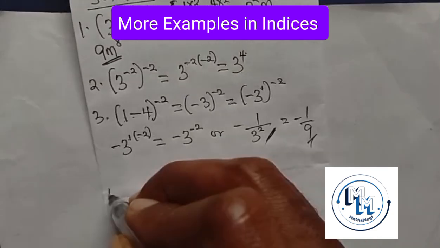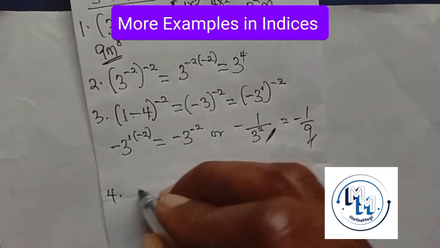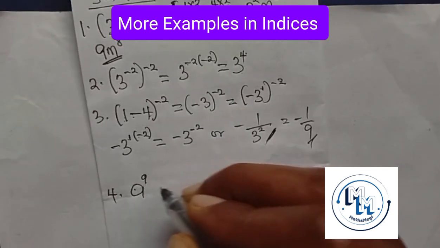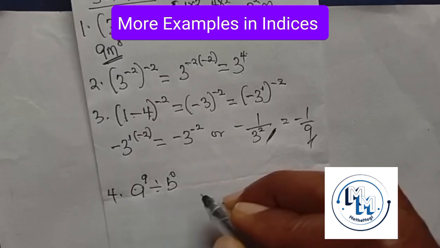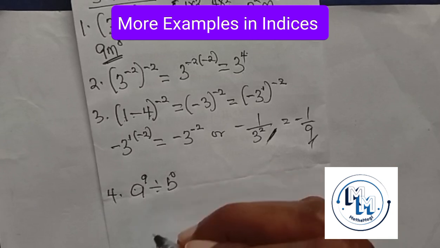Then the fourth one says a power 9 divided by b power 0. Like we know, anything raised to the power of 0 is 1.